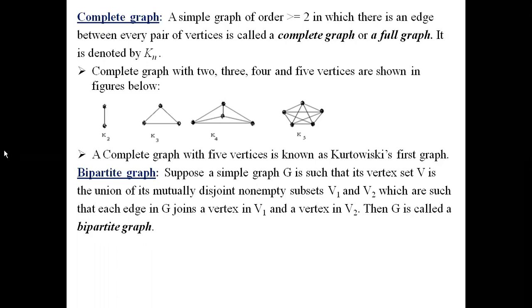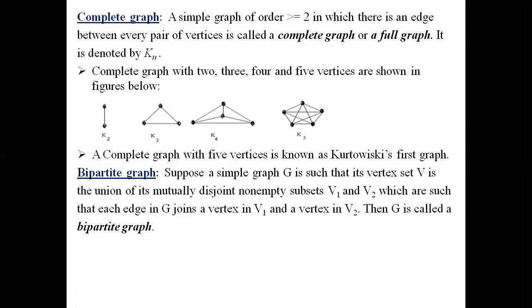So here we consider two bipartites or two disjoint vertex sets V1 and V2. Their union will be equal to the vertex set V, which is there in the simple graph G. And we join each edge in G with a vertex in V1 to a vertex in V2.